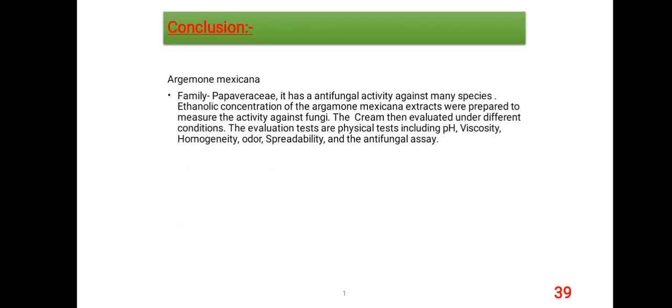After all that, we concluded that our plant Argemone mexicana, which is from the family Papaveraceae, has antifungal activity against many species. Ethanolic concentrations of Argemone mexicana extract were prepared to measure the activity against fungi. The cream was then evaluated under different conditions.